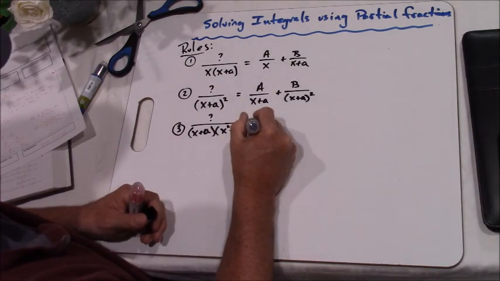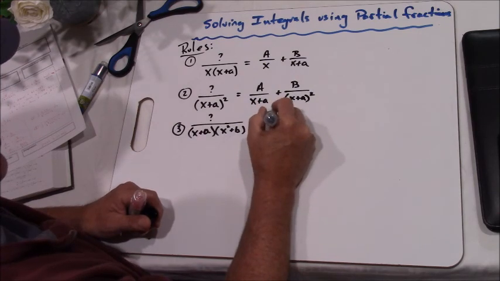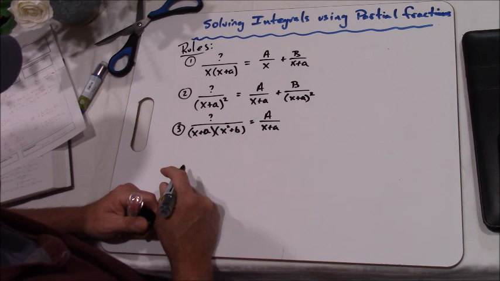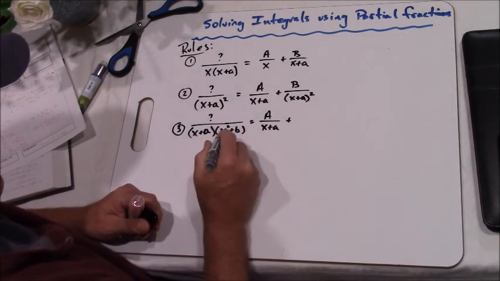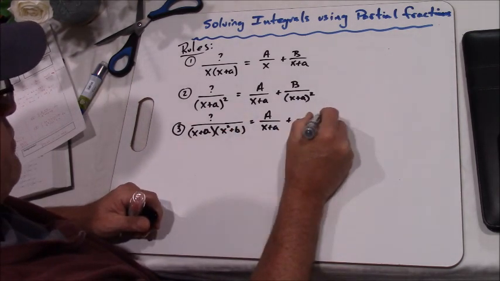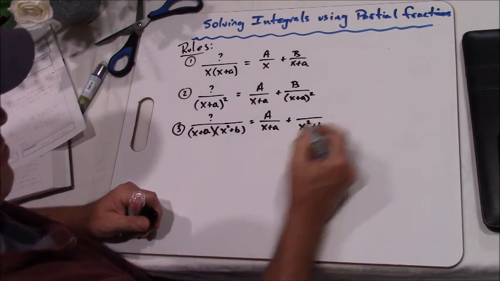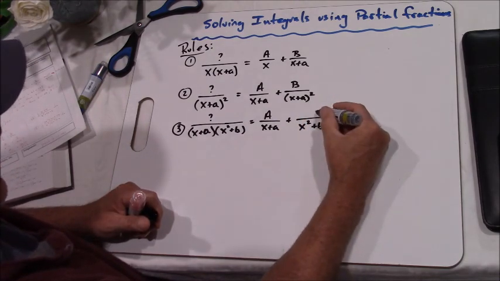Then when you divide this up into 2 fractions, we'd have a over x plus a, but for the second fraction, if my denominator has an x squared in it, remember the numerator needs to be 1 degree less.